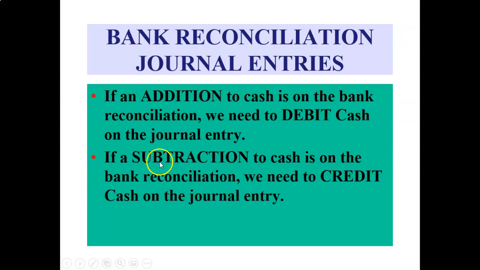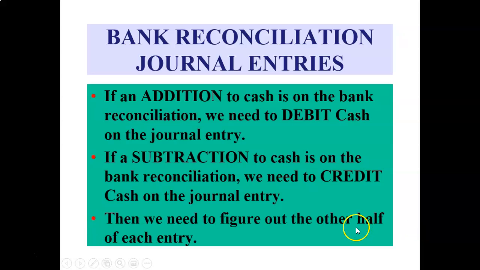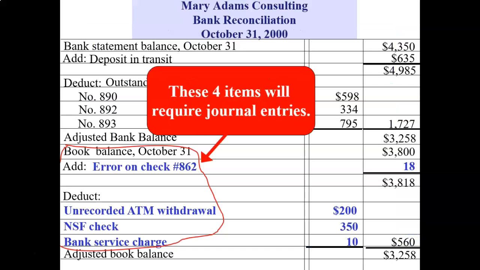For everything that's a subtraction to cash on the bank rec, that means we're decreasing cash, we're decreasing an asset, and that's a credit of cash on the journal entry. Okay, so we automatically know if it's an addition, we need to debit cash. If it's a subtraction, we need to credit cash. And then we just need to figure out the other half of each journal entry. We know half of every journal entry that we need to make.